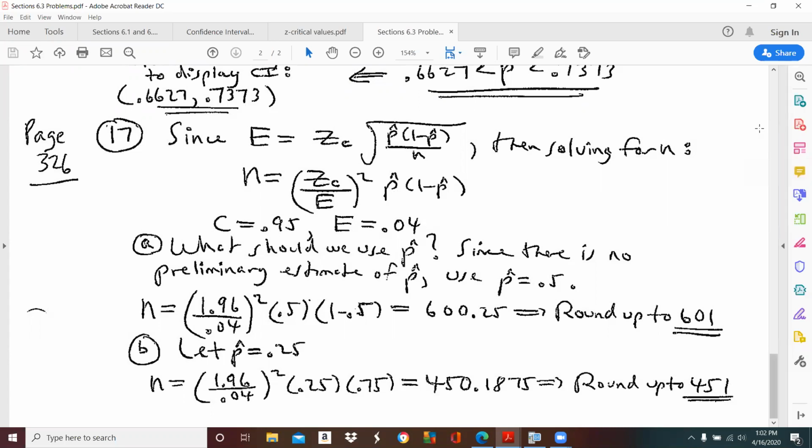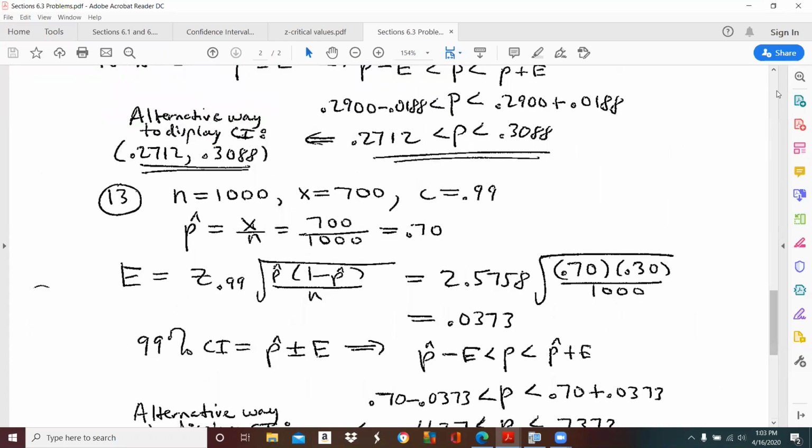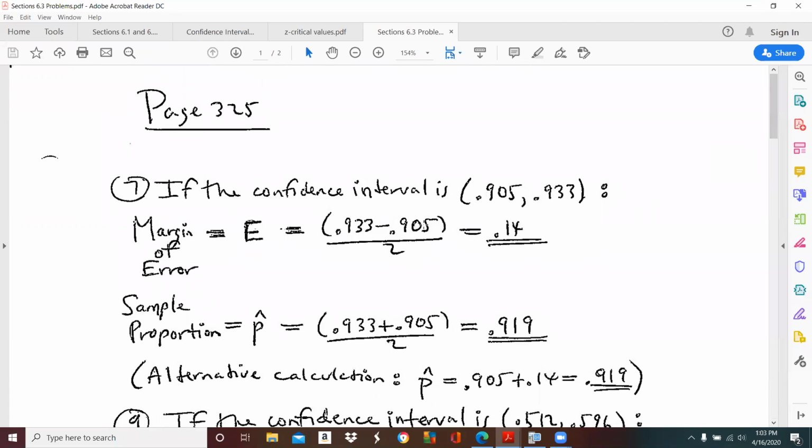And then at the beginning of this handout, I showed you how to find both the margin of error and the sample proportion, the point estimate, if you were given the confidence interval. In other words, you were not given any information about the confidence level or the margin of error or sample proportion. You were just simply given a confidence interval, and you were being asked to find the margin of error and the sample proportion. So I wanted to show you how to do that also.